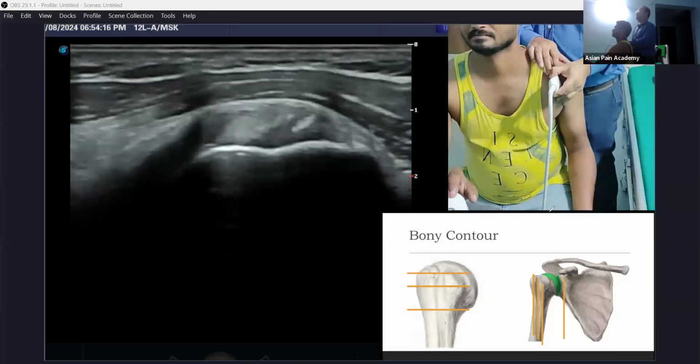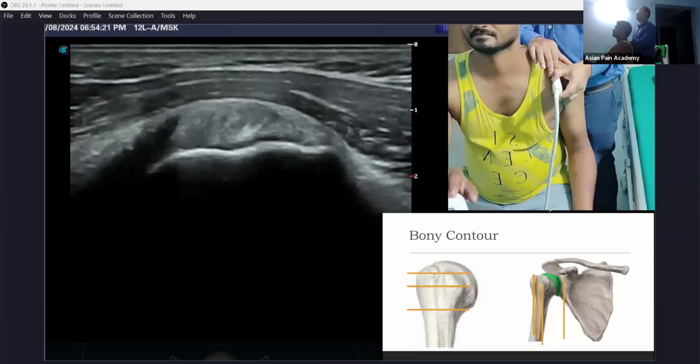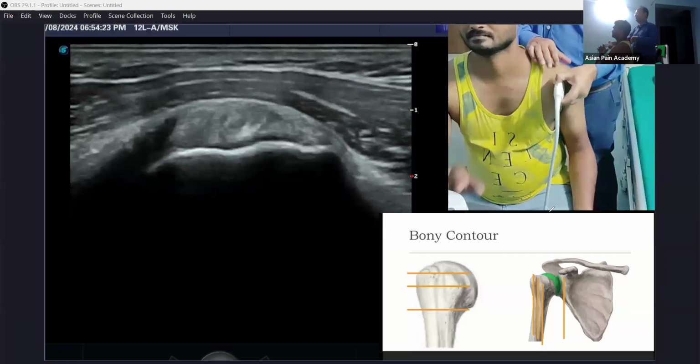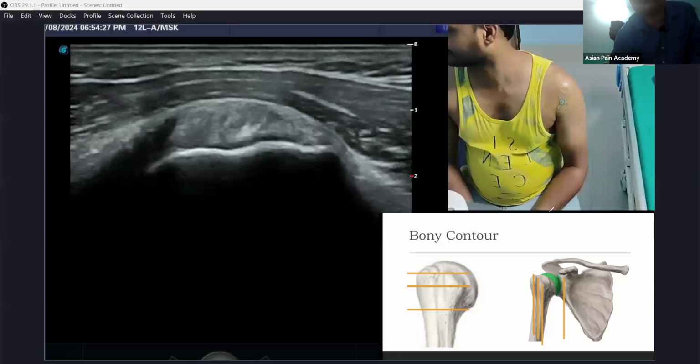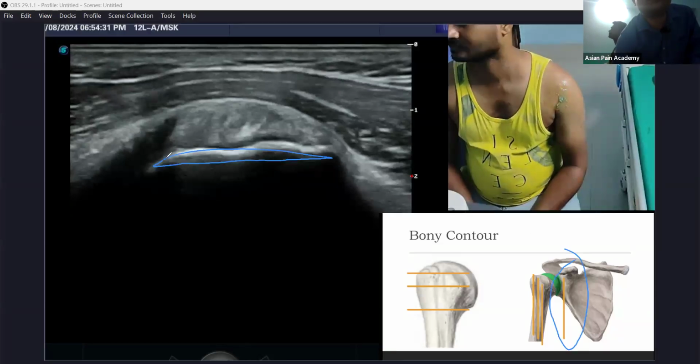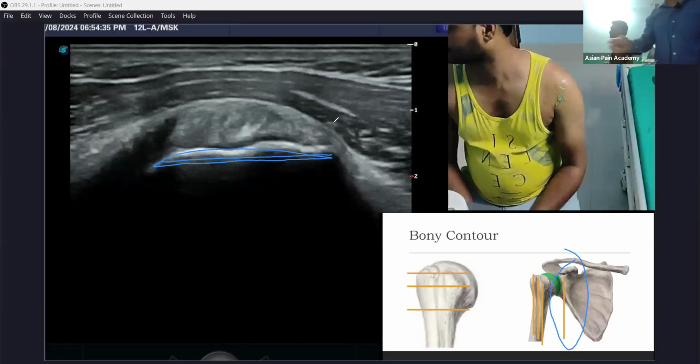Anyway, this area is the glenoid area. So this is just over the glenoid bone. So this is the most medial.